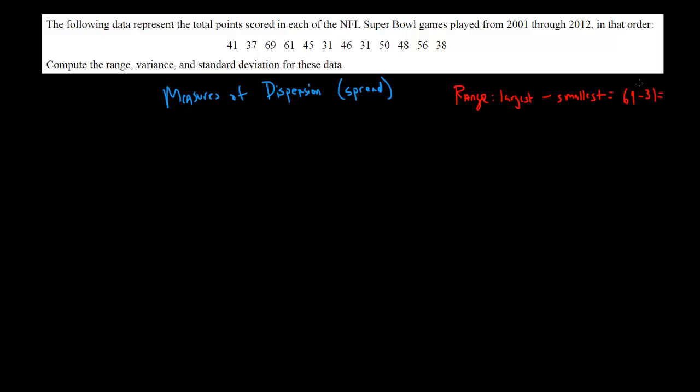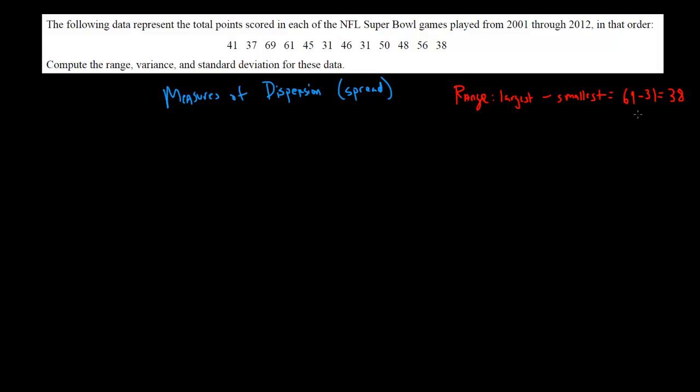So 69 minus 31 is 38. And that just tells you, for lack of a better word, the range of your data. It's just how far apart your biggest value and smallest value are.